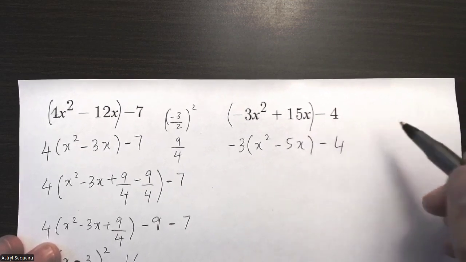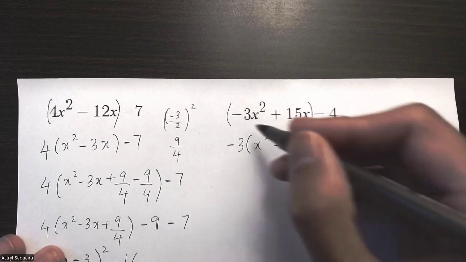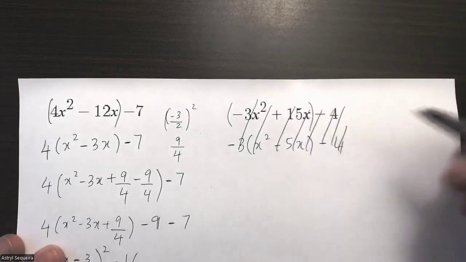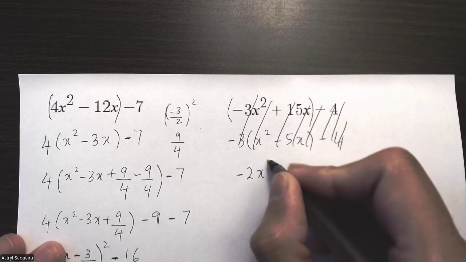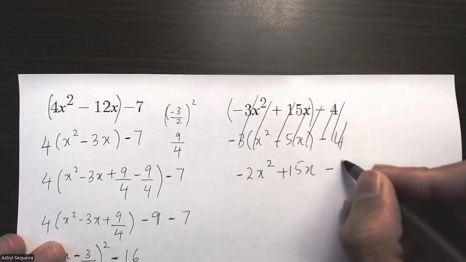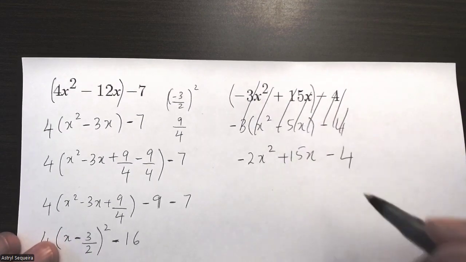I just realized I made a mistake with this question here. I'm going to change this last question over here. I'm going to rewrite it down. It's actually negative 2x squared plus 15x minus 4. So I did make a mistake with writing down the actual question.